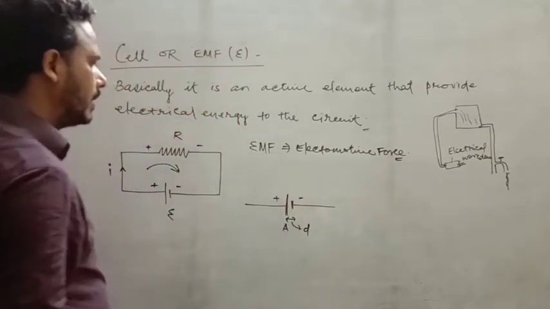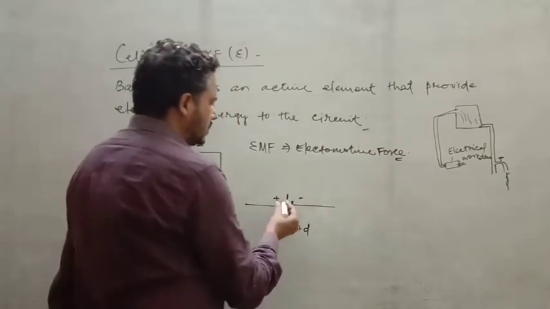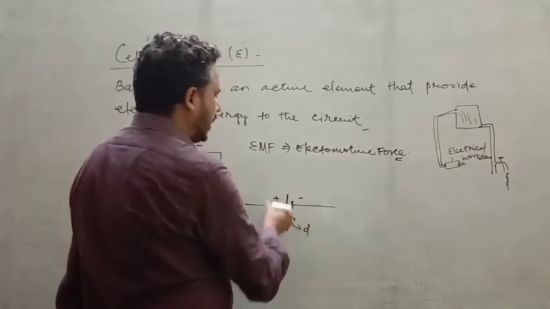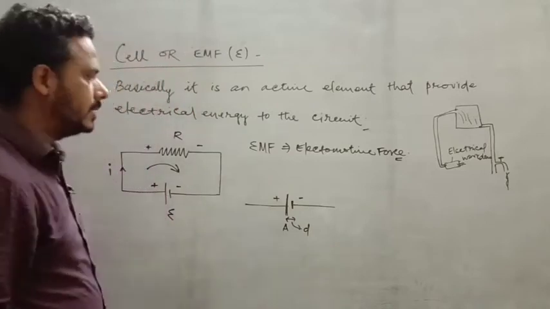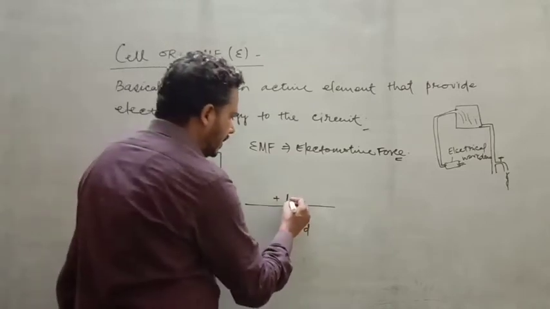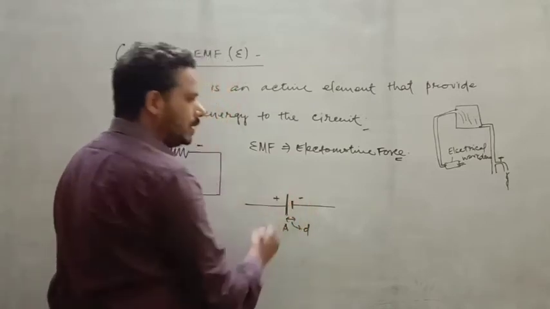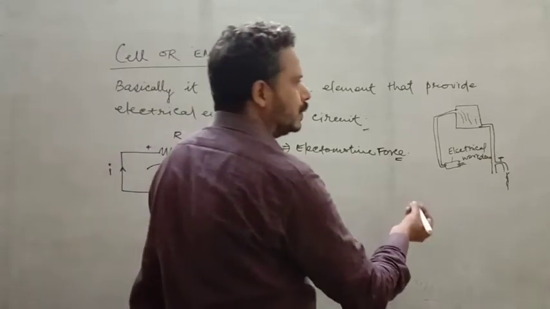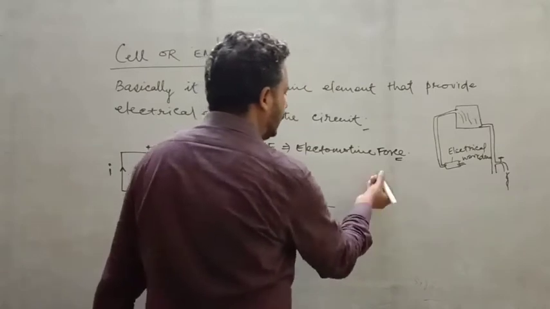Alright. So what happens if you want to take charge from one plate to another plate? That is, you want to take it from lower potential to higher potential. If you want to do so, there will be work done. Before work done, a force is there.